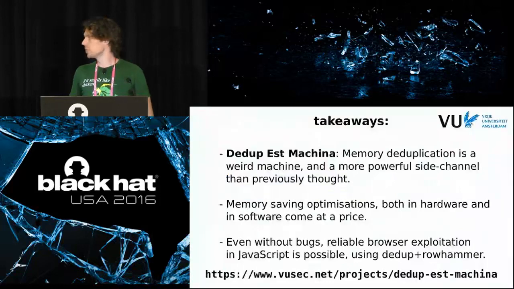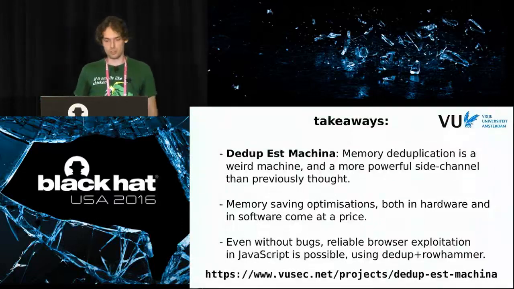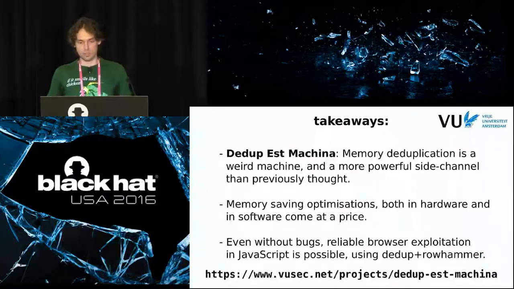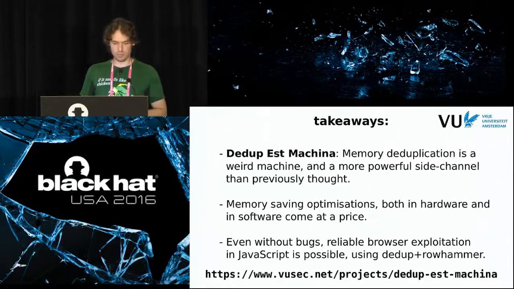So the takeaways are: memory deduplication is a way more powerful side channel than previously thought. If you try to optimize memory usage, both by shrinking the memory technology in hardware and by trying to reduce its usage in software, it might come at a price.